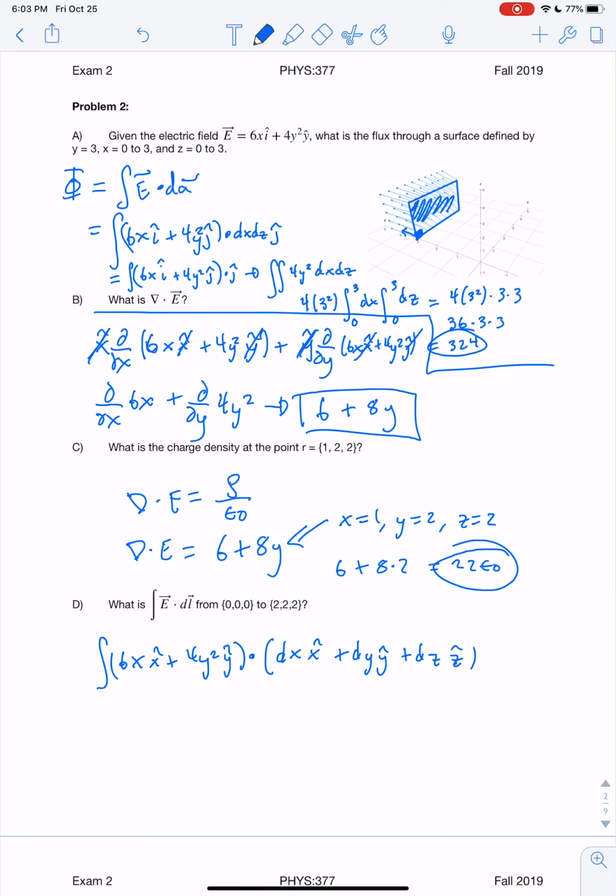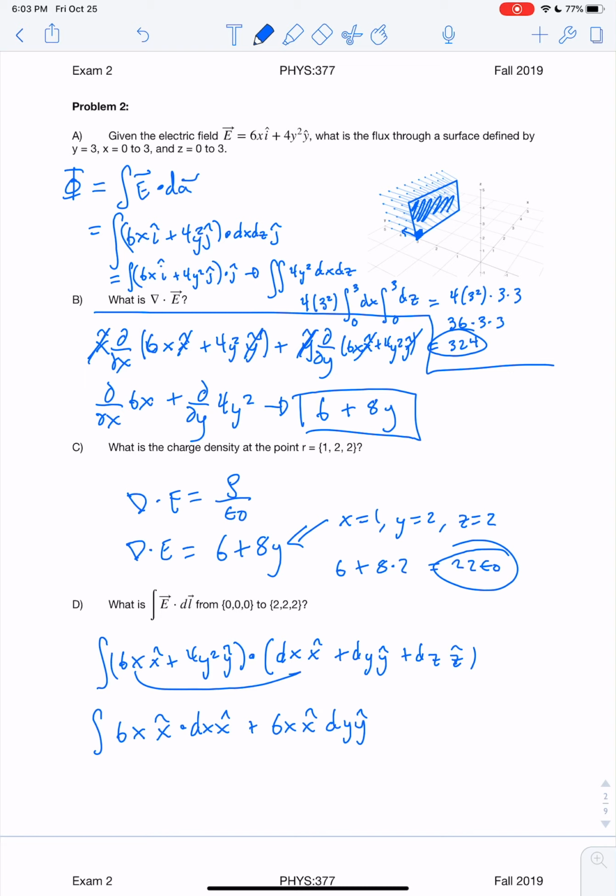Okay, so we're going to do the integral of, and then when we multiply this dot product through, we just get 6x dx plus the integral of 4y squared dy, because if I just do this explicitly, just to make sure everybody sees, we have 6x x hat times dx x hat, okay, and then plus 6x x hat times dy y hat.